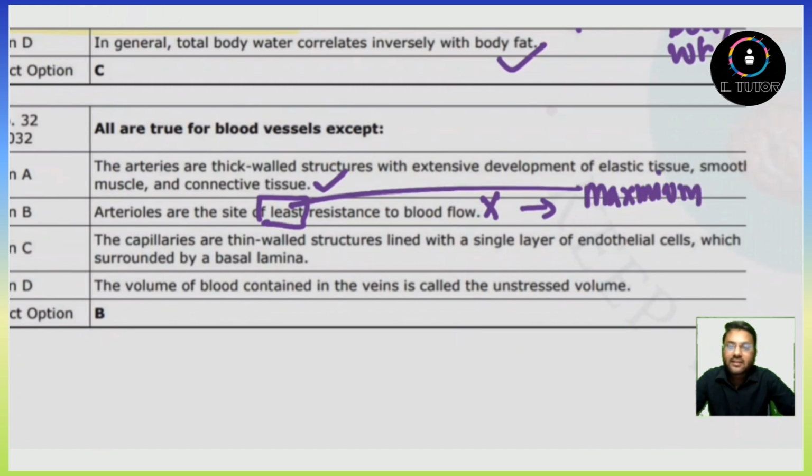Capillaries are thin-walled structures lined with a single layer of endothelial cells which surround the basal lamina. This is true. And the volume of blood contained in the veins is called the unstressed volume. This is again a true statement. So option B is incorrect, and the answer will be option B.